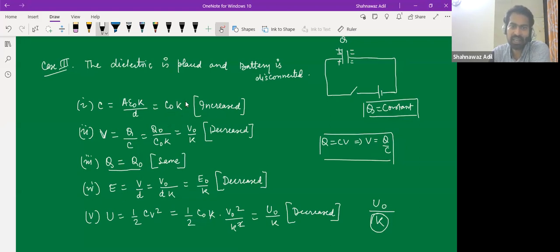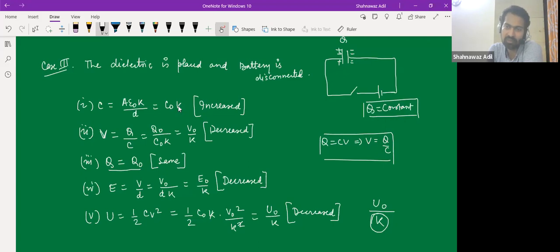Whenever we add the dielectric, the dielectric always increases the capacitance, right? So to decrease the capacitance and increase the voltage, we have to remove the dielectric. If we add the dielectric, it will always increase the capacitance because K is always greater than 1.